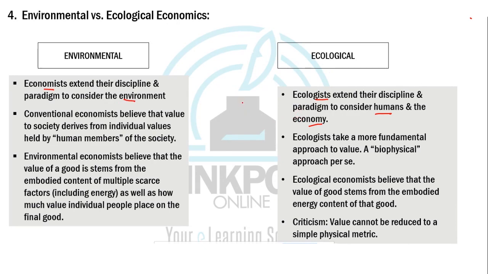Okay. The next difference that you have is in the way that they understand the value of a particular commodity or any particular thing, for want of a better word. So in environmental economics, just like any other way of economics, you have the value of a good in terms of its price, but we also accept that price is not reflective of the true value because in a lot of cases there is abundance of supply.